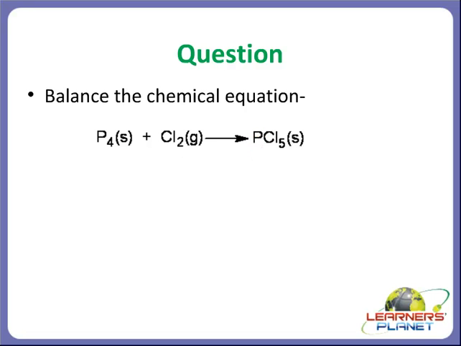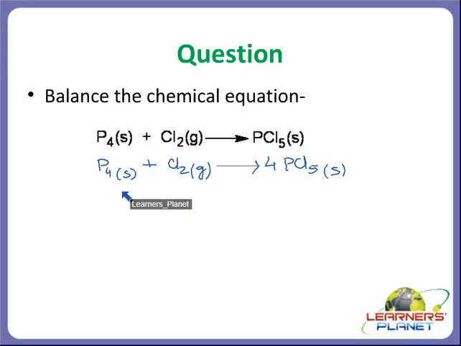On RHS it should be again 4. What I'll do here is write P4 solid plus Cl2 gas, and it is giving me 4PCl5 solid. Clear?